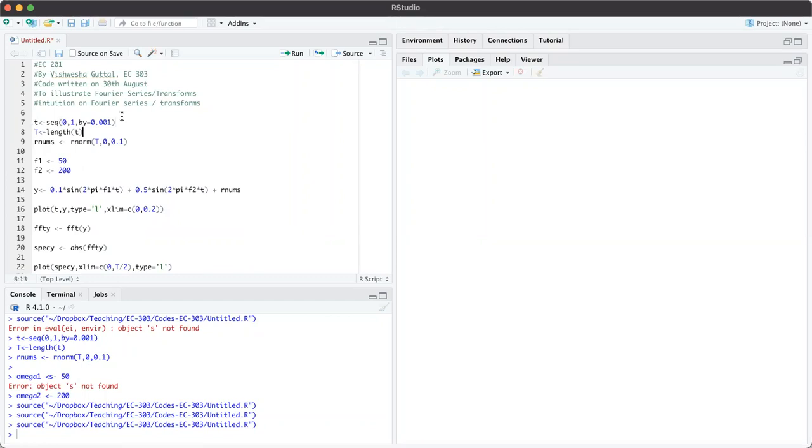The length of t will actually be 1,001 because it includes 0 and 1 as well. The length of the time array is capital T. I am also generating a bunch of normally distributed random numbers, T of them, the length of the time array I have chosen, with mean 0 and a standard deviation of 0.1.